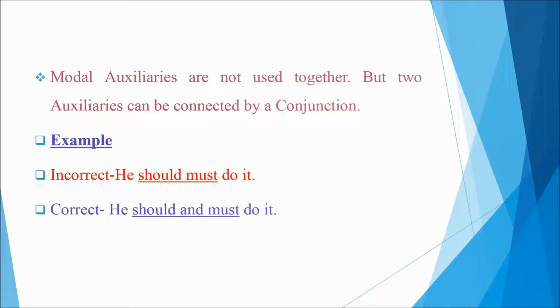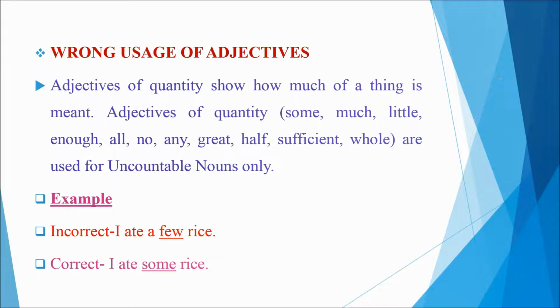No. The correct sentence is he should and must do it. Here, should and must are two modal auxiliaries, so they are not used together. Here, should and must are two auxiliaries connected by a conjunction, and so the correct sentence is he should and must do it.